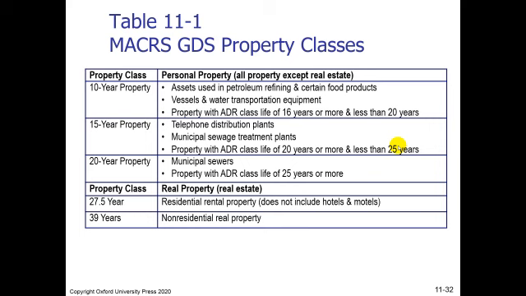So if you just happen to buy a beach house and your buddy happens to pay you $500 one time to go use it for the weekend, that's not considered business use. So in this case, this is something that has to be put into service, used for the purposes of making money on a pretty regular basis. Then you have non-residential real property, so this is typically commercial type property, and that has the longest property class of them all at 39 years.